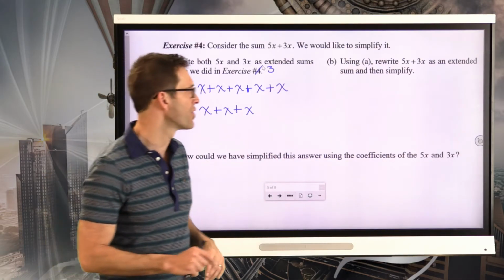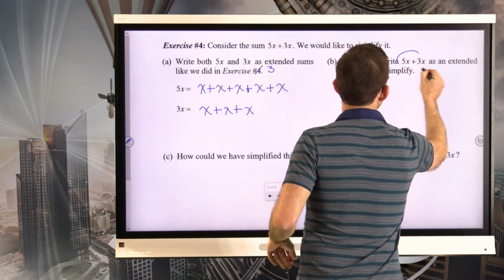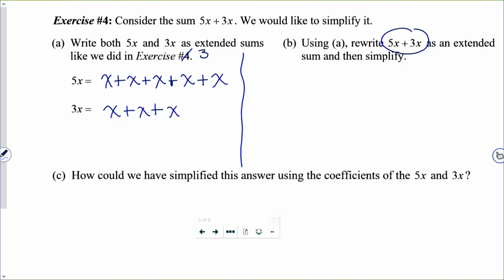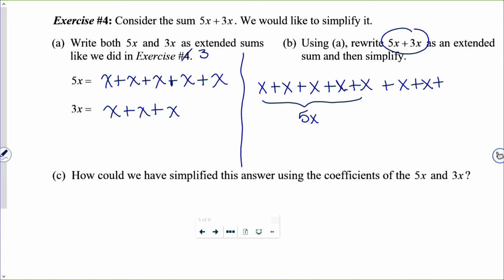Let's actually do that together. So 5x plus 3x will have to be x plus x plus x plus x plus x, there's our 5x, plus x plus x plus x, that's our 3x.